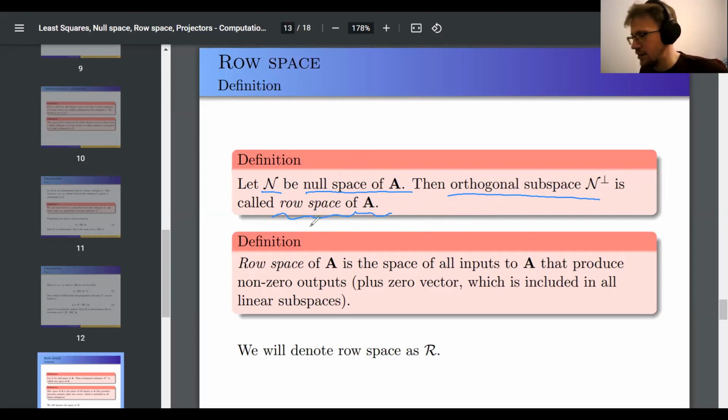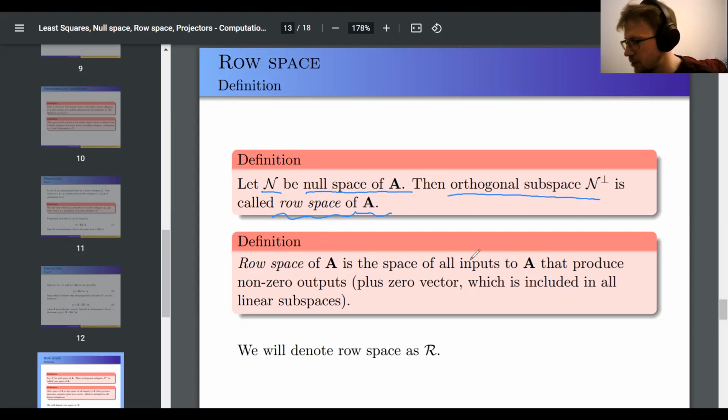Basically, it's the span of all rows of A. That sounds completely unrelated and very difficult to grasp, I think. But it is actually a very good definition of the row space of A. If you want, we can discuss this naming in our next lecture next week. But for now, just remember, the orthogonal complement of N is the row space of A.